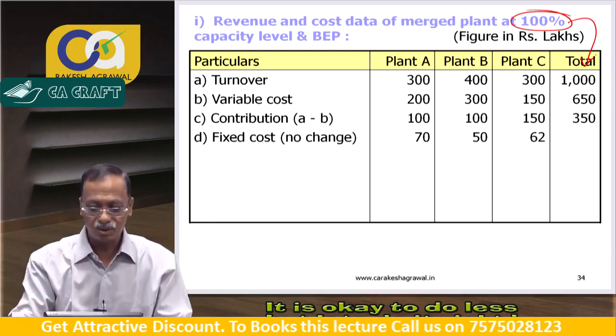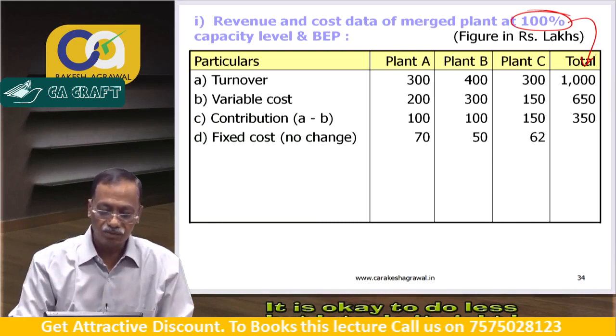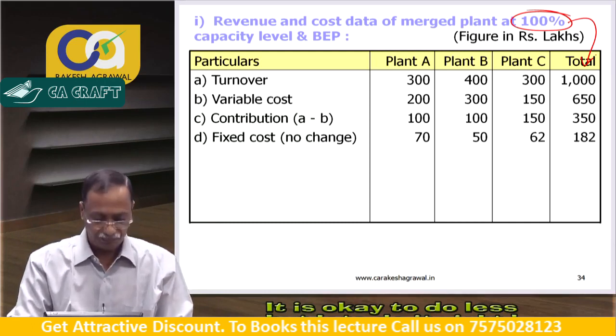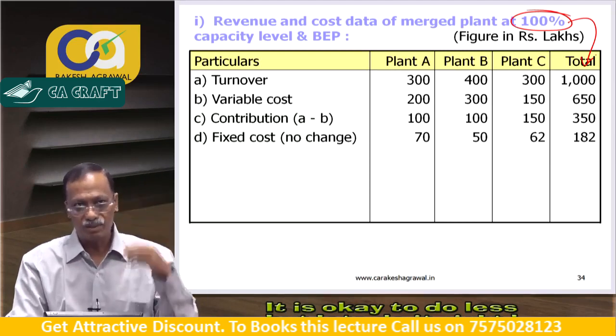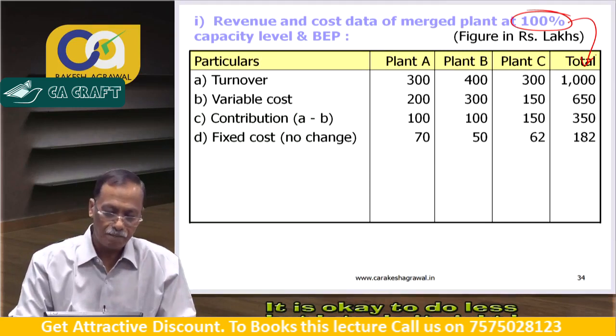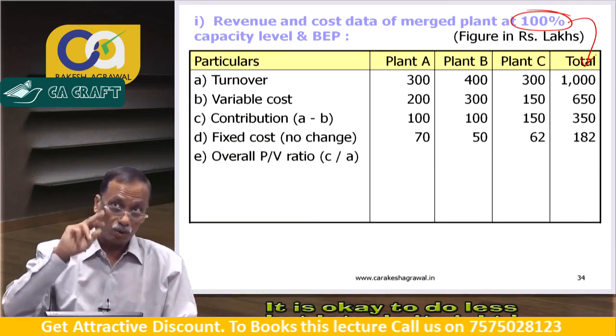Rent is a fixed cost. So similar to that, these 3 plants have got their individual fixed cost which you have to add and you will get 182. So 182 will be the total fixed cost for merged plant whether you operate at 1% capacity or whether you operate at 100% capacity. Point number E, overall PV ratio. Overall means for merged plant.